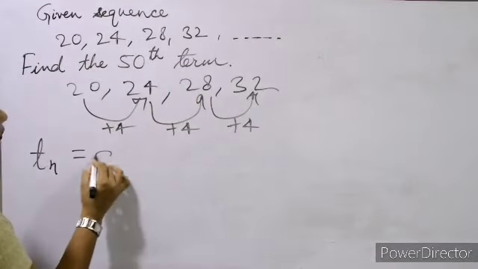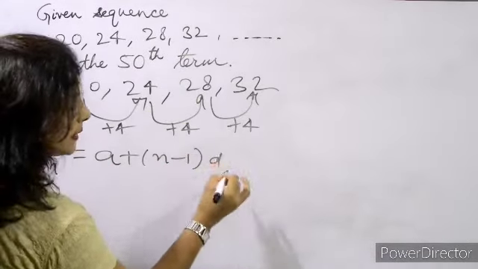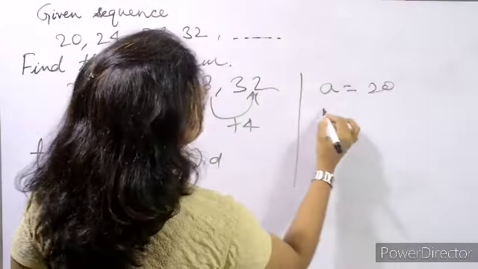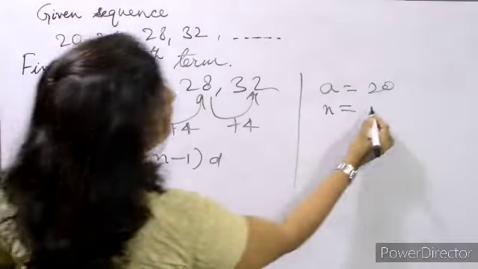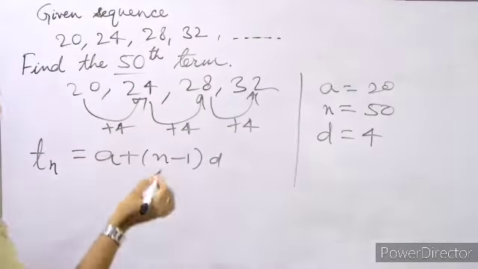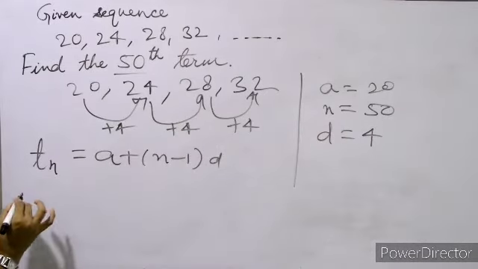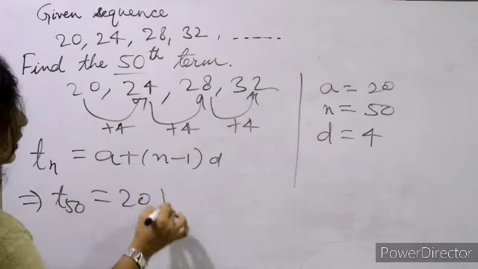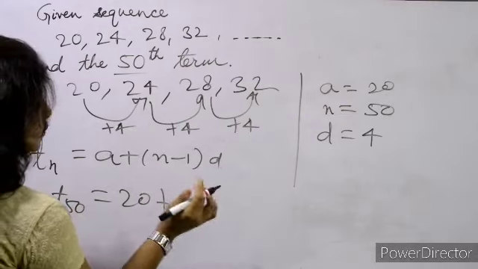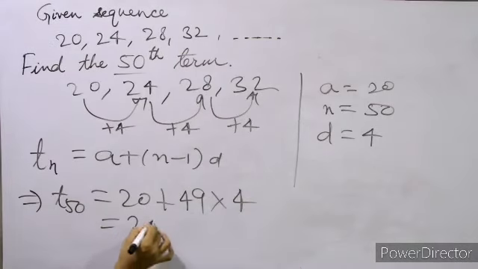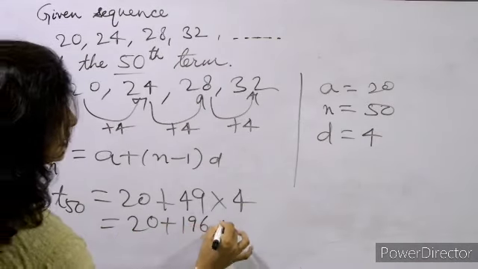Tn is equal to A plus N minus 1 D, where A is the first term, that is 20, N is 50, and D, the difference, is 4. Applying the values: 20 plus 50 minus 1, that is 49, multiplied by 4. So it will be 20 plus 196, which is 216.